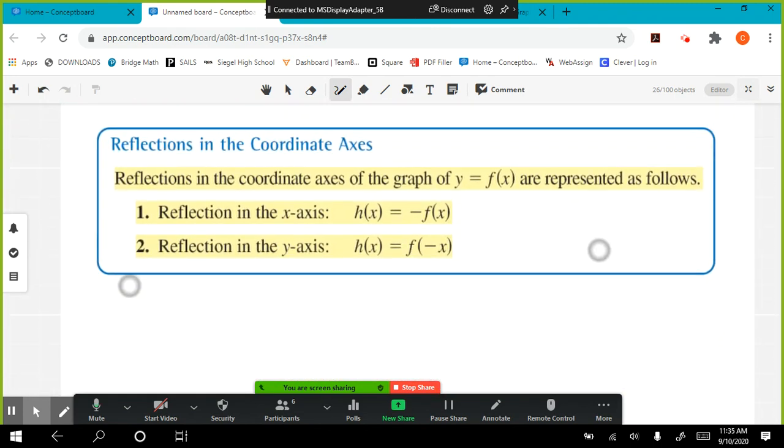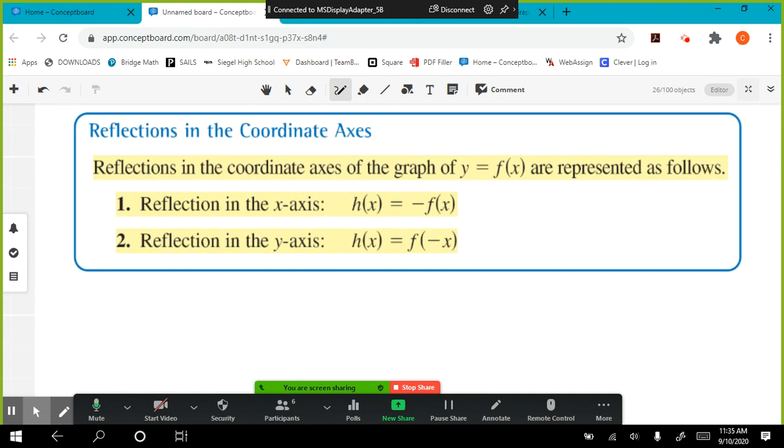All right, and then we're going to look here also at what would cause a reflection across the y-axis. So notice right here, for a reflection across the x-axis, you just make the function value negative. So whatever the parent function is, if you put a negative out in front of it, negative x squared, negative x cubed, okay?